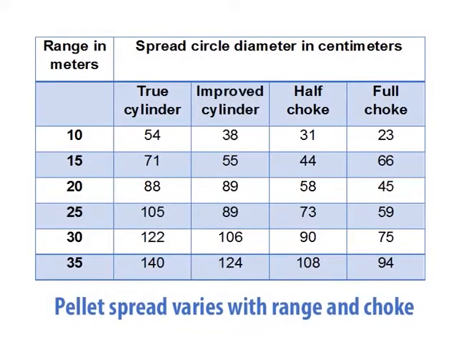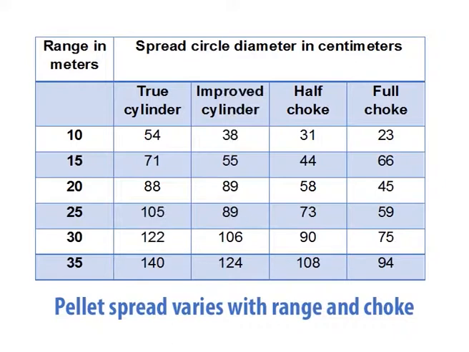The spread of pellets at various ranges with different degrees of chokes is shown on your screen for a rough estimation. Let us come to the range in meters and the spread circle diameter in centimeters. If the range is 10 meters, the circle diameter for true cylinder will be 54 centimeters, improved cylinder 38 centimeters, half choke 31 centimeters and full choke 23 centimeters.